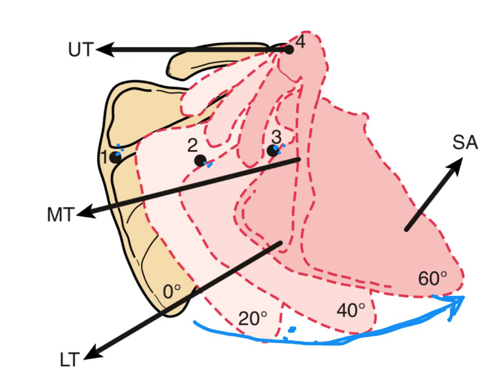But here the forces are continuing, that is the trapezius as well as the serratus anterior. So the serratus anterior forces as well as the trapezius forces are still increasing.